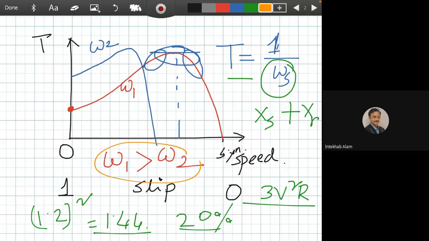Abu Kalam, Faria Rohim. Yes, sir. What will happen if we select a frequency in between omega 1 and omega 2? What will happen?